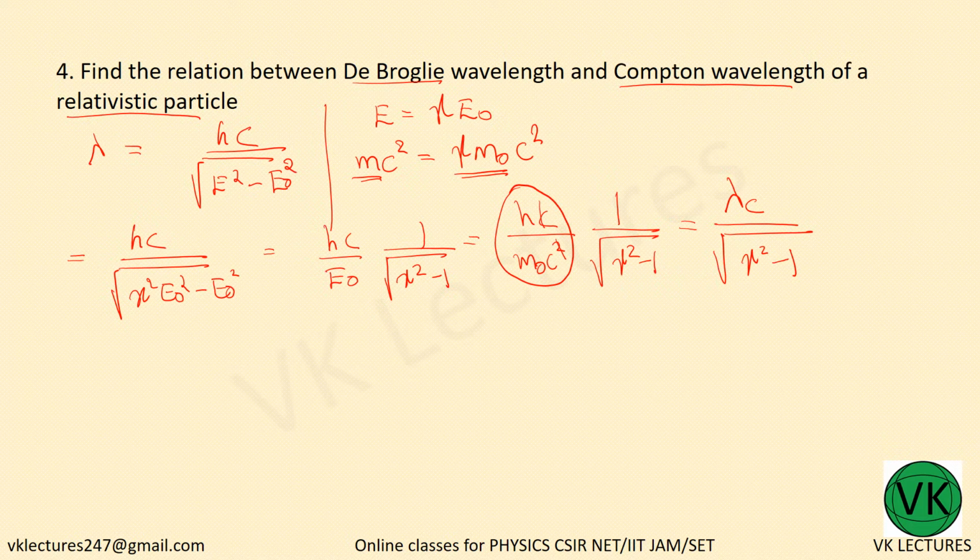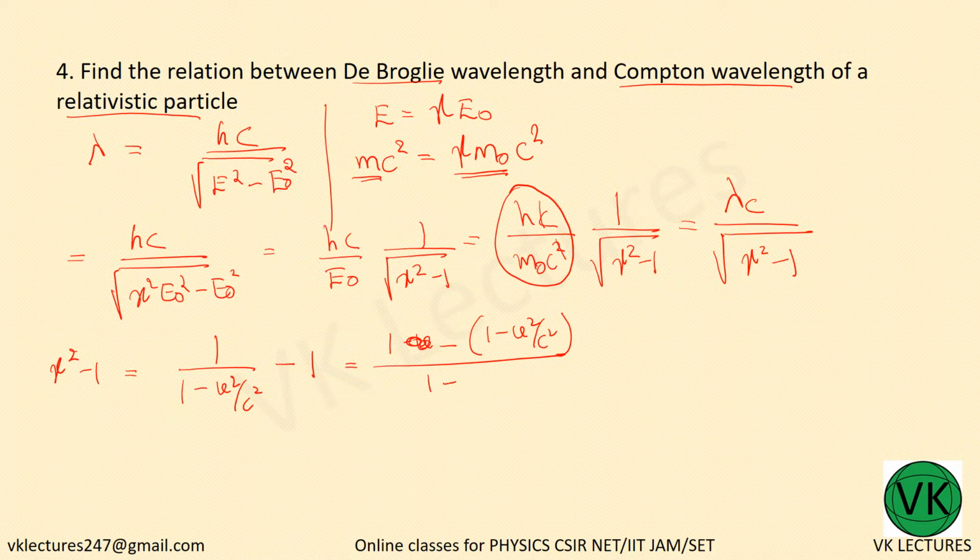Now what is gamma square minus 1? Gamma square minus 1 is equal to 1 divided by 1 minus v square divided by c square, minus 1. That's equal to 1 minus of 1 minus v square by c square, divided by 1 minus v square by c square.